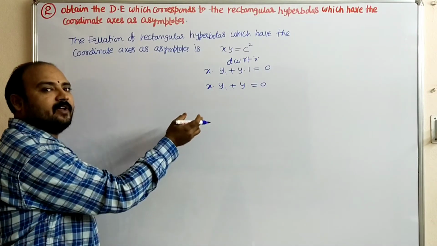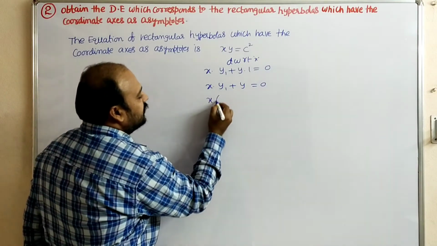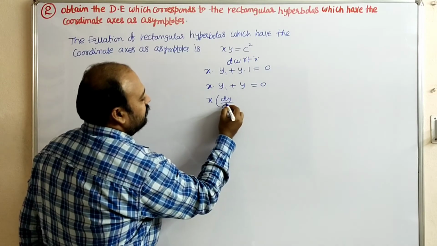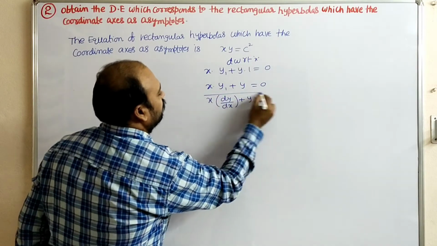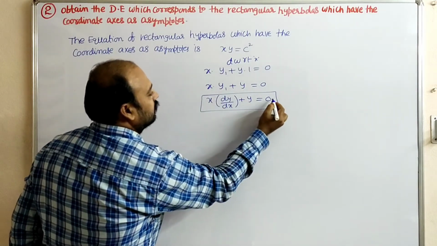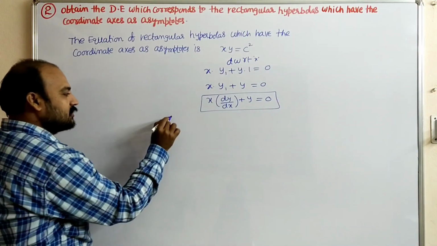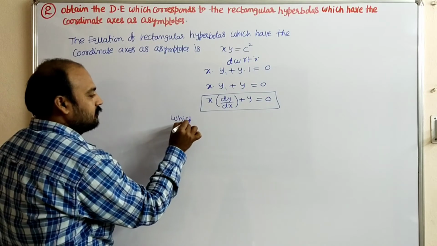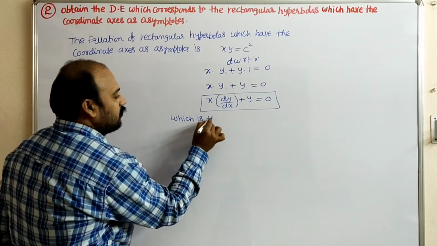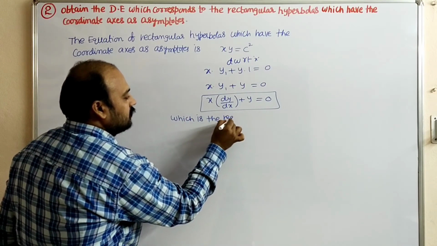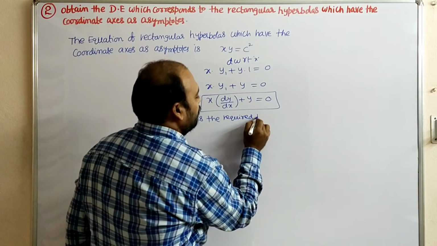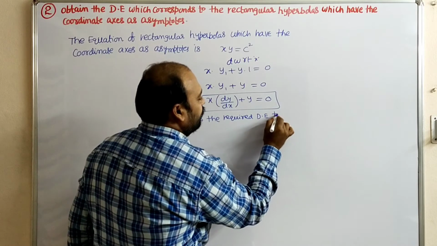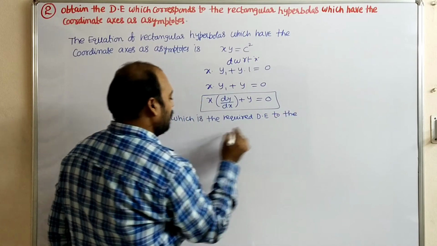Write in place of y1, dy by dx. X into dy by dx plus y equal to 0, which is the required differential equation to the given equation.